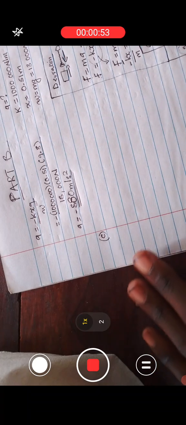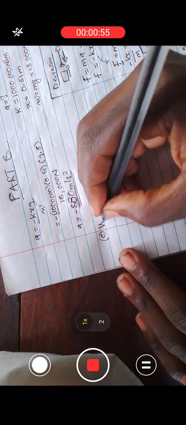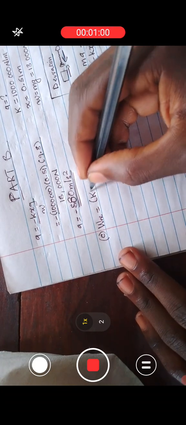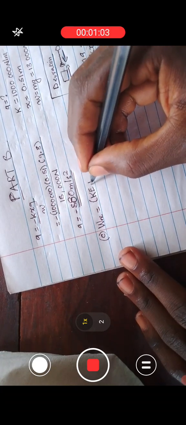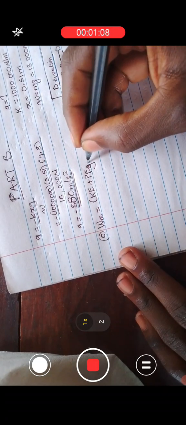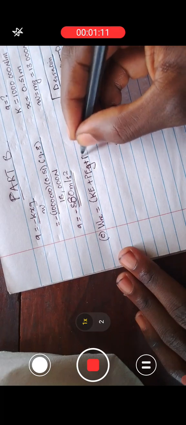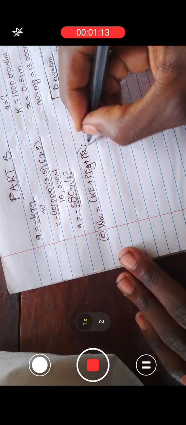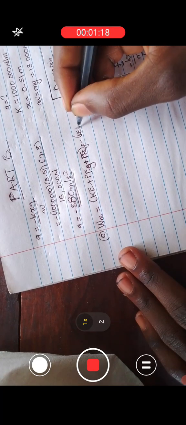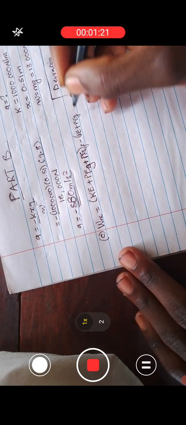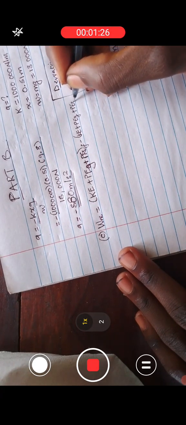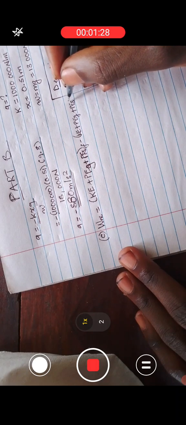The work energy theorem states that the work done by non-conservative forces is equal to the kinetic energy of the object plus the gravitational potential energy plus the elastic potential energy final, minus the kinetic energy plus the gravitational potential energy plus the elastic potential energy initial.